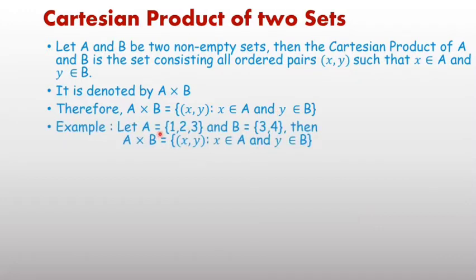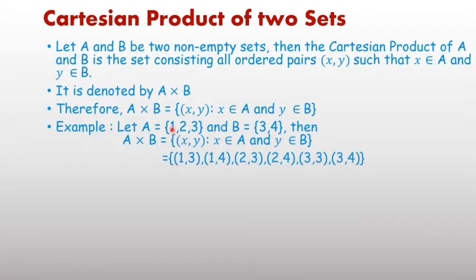For example, A = {1, 2, 3}, there are 3 elements, and B = {3, 4}. Then A × B we can write as (x, y) such that x belongs to A and y belongs to B. That means we take all ordered pairs such that the first element belongs to the first set, set A, and y belongs to set B. For example, we take 1.